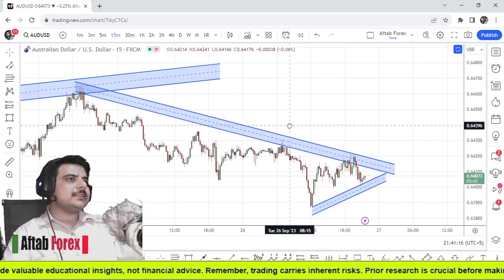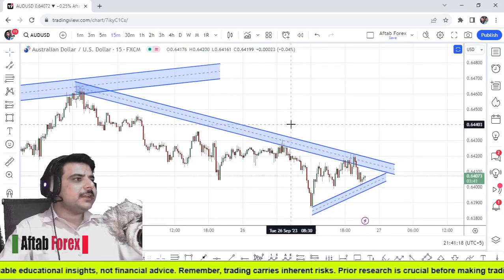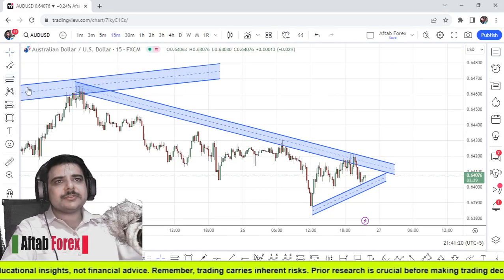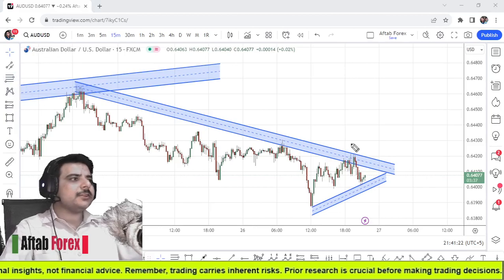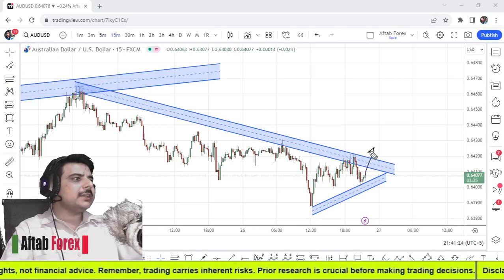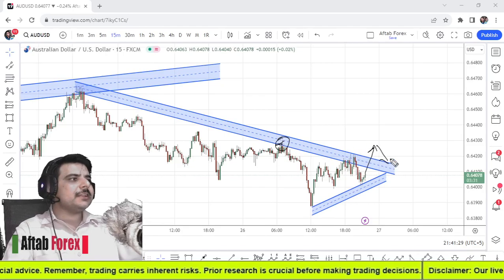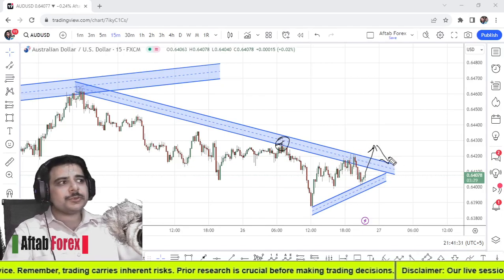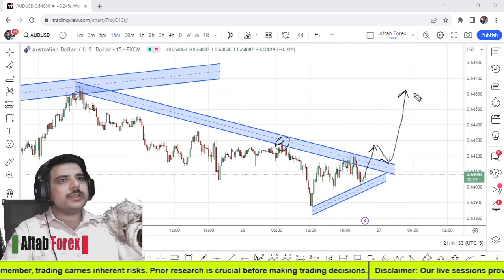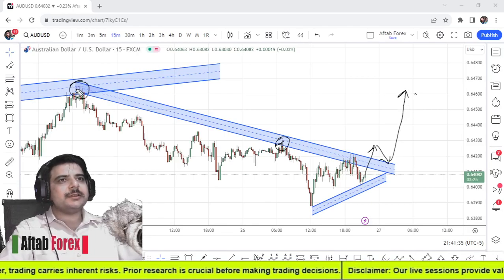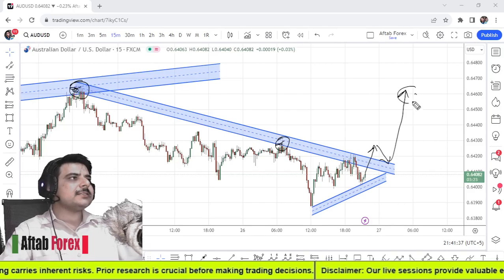And if we see, this is now currently trading in a triangle. So what we can do is definitely wait for the breakout. If it gives us the breakout, and if this is broken, and if it gives us a retest, then where can this market potentially go? We have to find the previous level, and the previous level is right here.